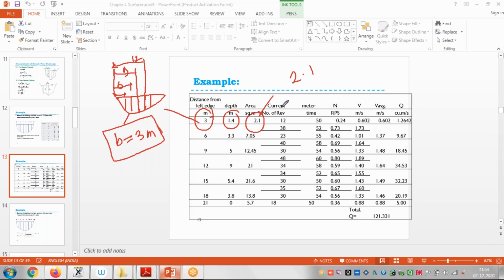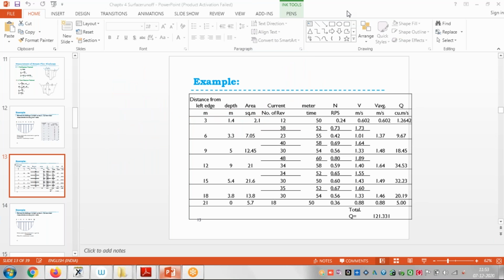Here we had calculated 0 plus 1.4 divided by 2 multiplied by 3, right? We had calculated this 2.1. Is it okay? I am just revising so that those who were late can understand.